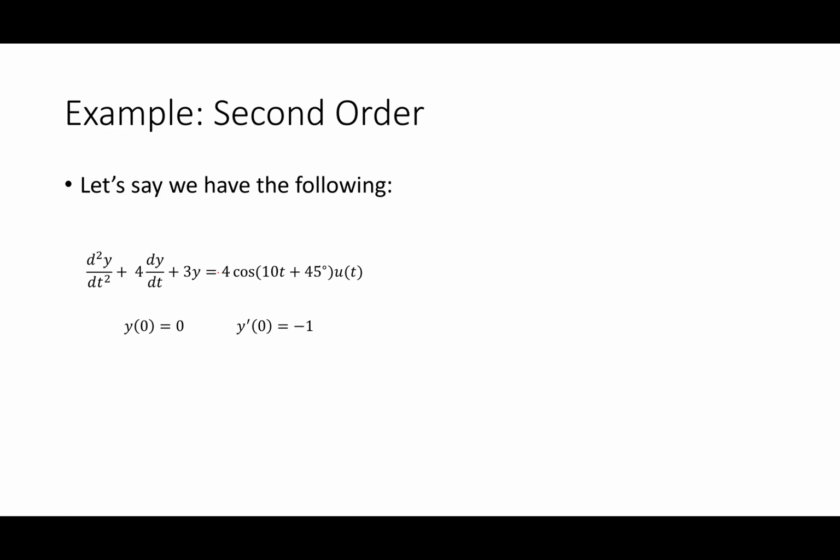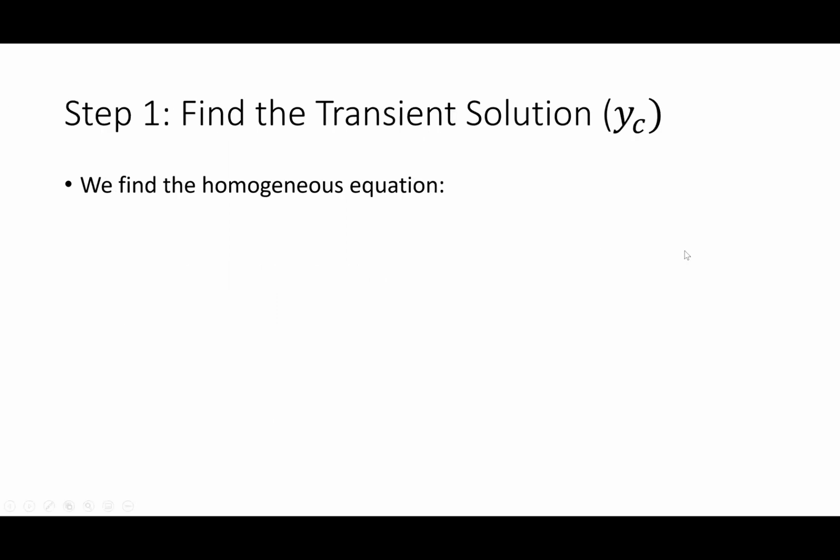So let's go through this process. Step one is to get the transient response. To do that, we have to get the characteristic equation, as we've been pretty clear about. To do that, I first get the homogeneous equation, where I'm looking for y sub c.